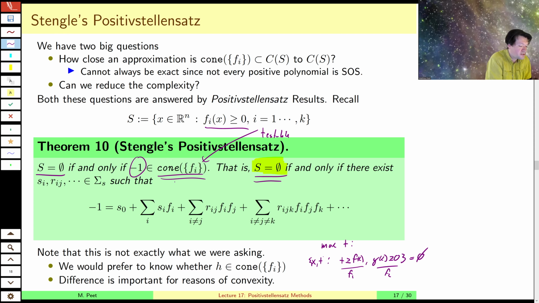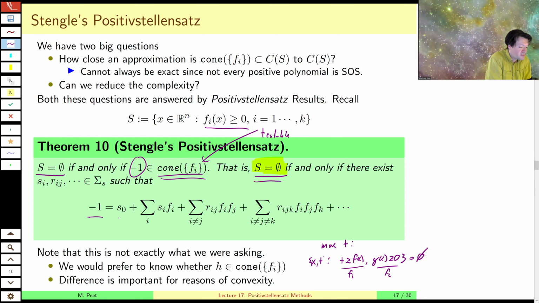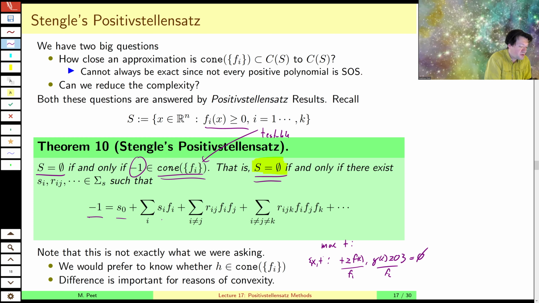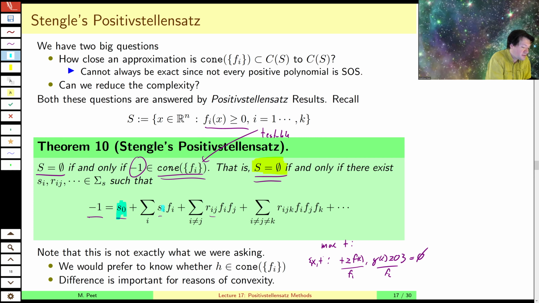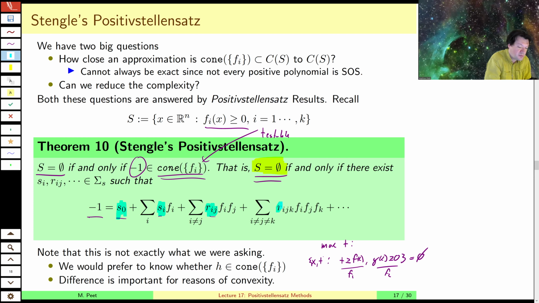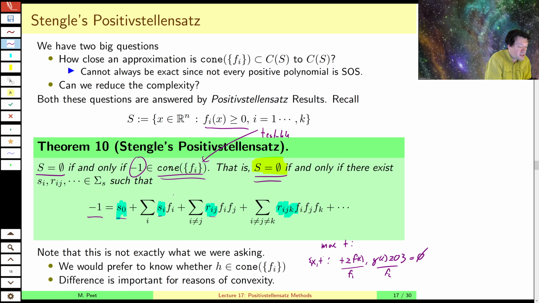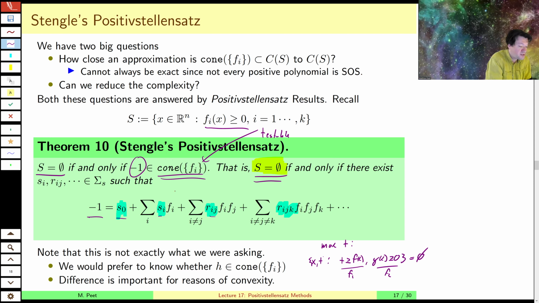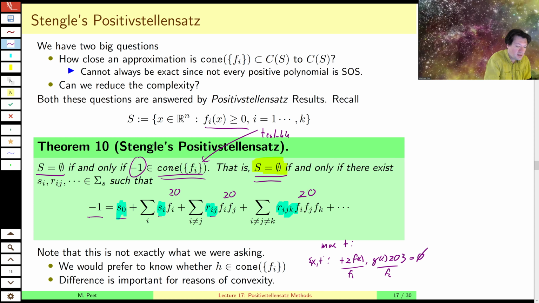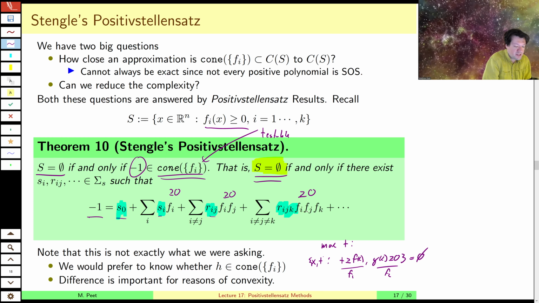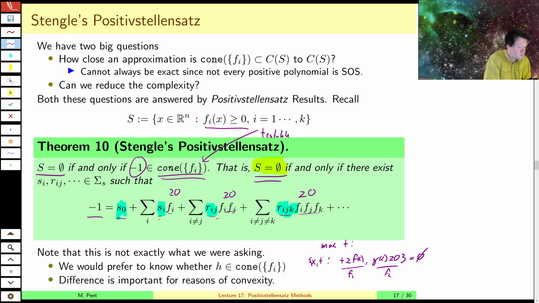Right, so okay, what does that say? So -1 is in the cone. Basically, that means -1 is a combination of a sum of squares, which is positive, squares, which are all positive, and then positive things which are valid at least at one point on the set. In the inferences, these are the monoids, and this is a sum of squares, those terms.